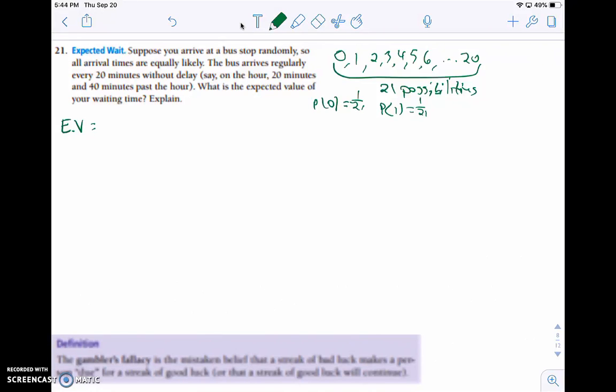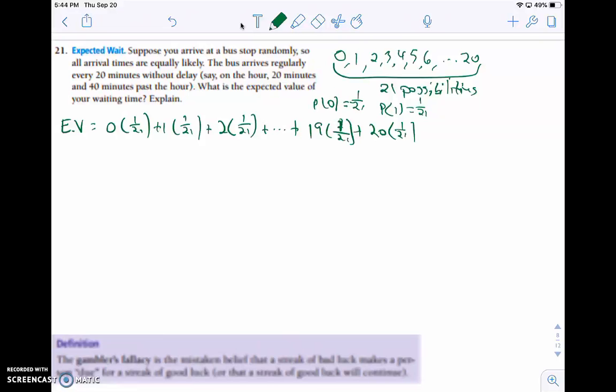So the expected value is going to be 0 minutes times the probability of 1 out of 21, plus 1 minute with the probability of 1 out of 21, plus 2 minutes, 1 out of 21, plus all the way up until you get to 19 minutes of wait time with a probability of 1 out of 21, and 20 times the probability of 1 out of 21.